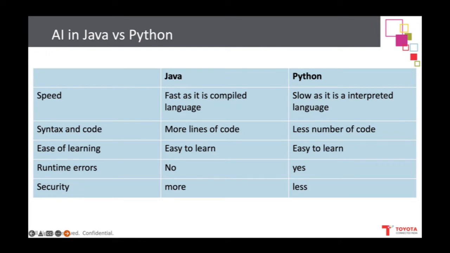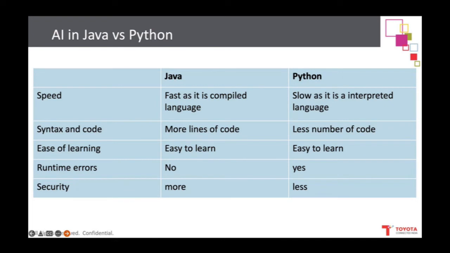One thing is speed: Java is the fastest as it is a compiled language, and Python is slower as it is an interpreted language. Next is syntax. I agree Java comes with more lines of code, and Python with fewer. But for Java developers it should not matter, because we are already used to writing a lot of lines of code.